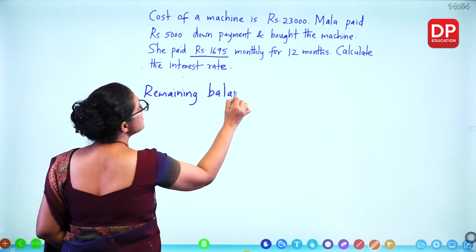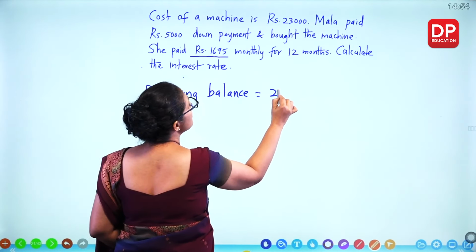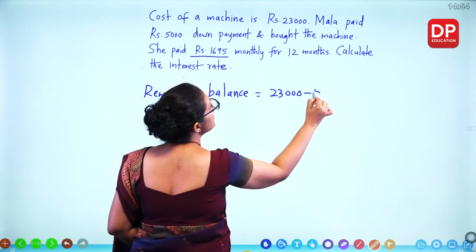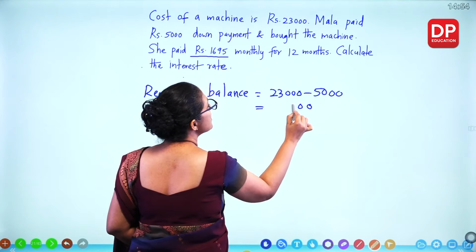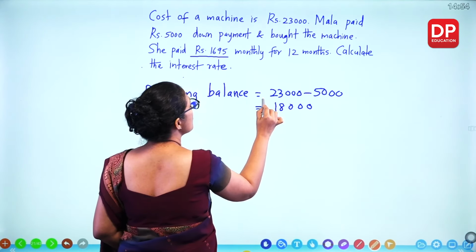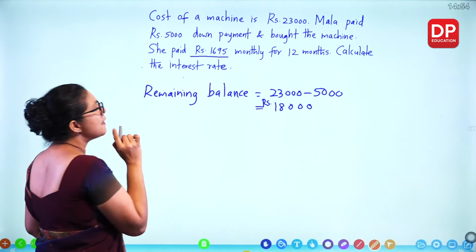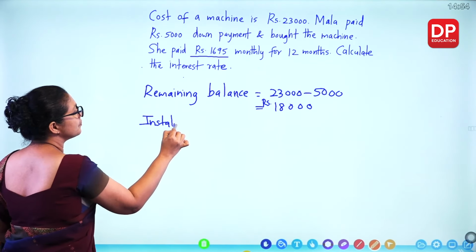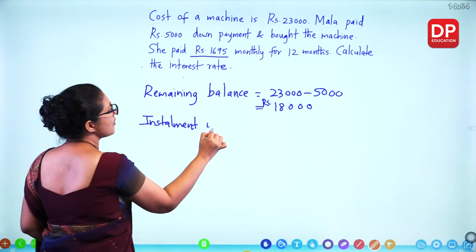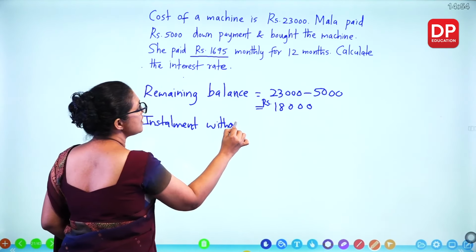Remaining balance is 23,000 minus the down payment, that's 5,000. So you get 18,000 rupees. Then what's the installment without interest?